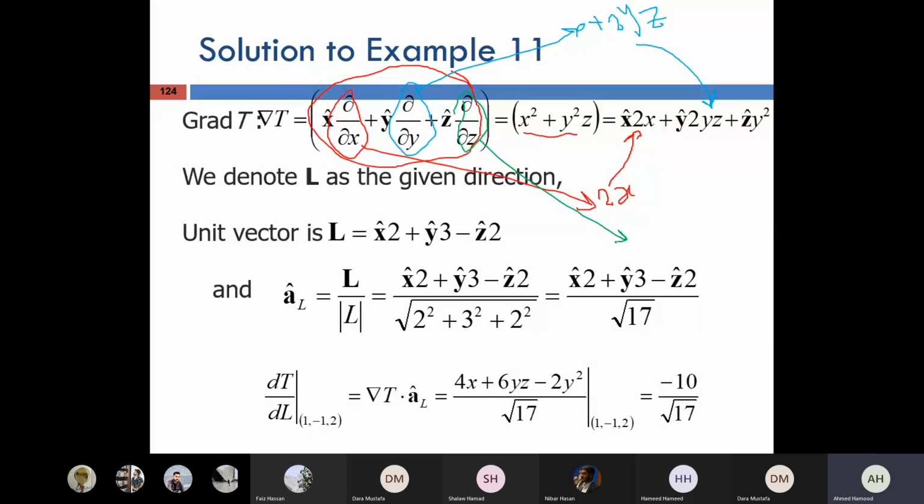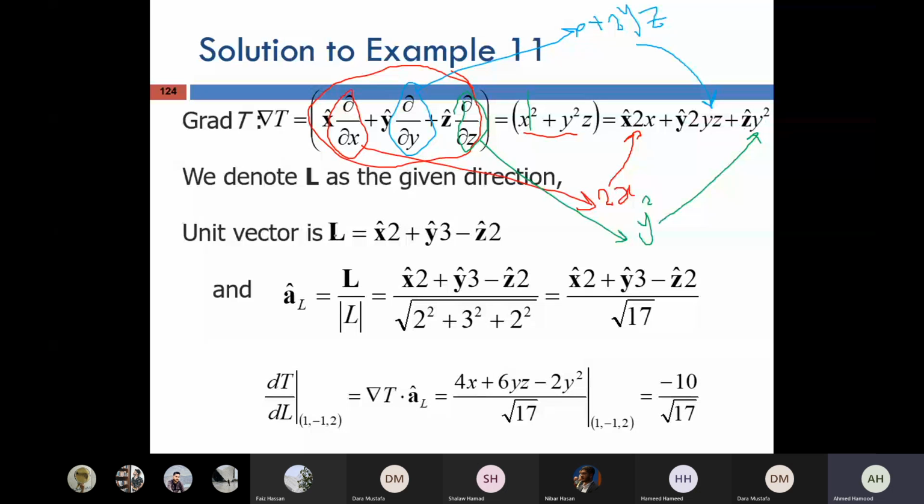Here we have 0, then z will be 1, so y square, because y square is constant. In this case, based on z, then you write y square. So the gradient is equal to 2x x vector plus 2yz y vector plus y square z vector. So this is the gradient.